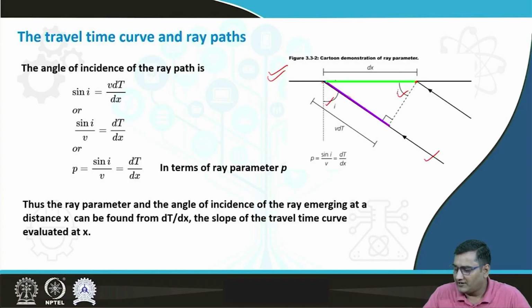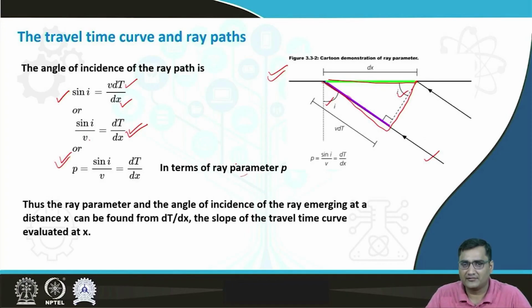If you consider this particular triangle over here, this is a right angle triangle, then the sin I value will be v dt by dx. And if you rewrite it, then sin I by v will be equal to dt by dx. So sin I by v is nothing but your ray parameter.